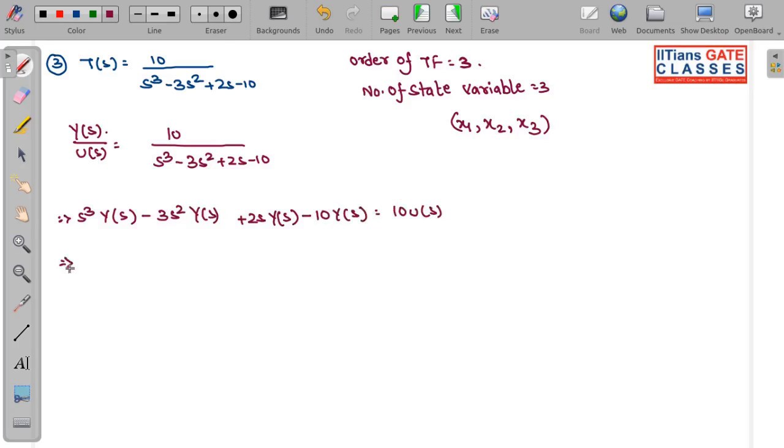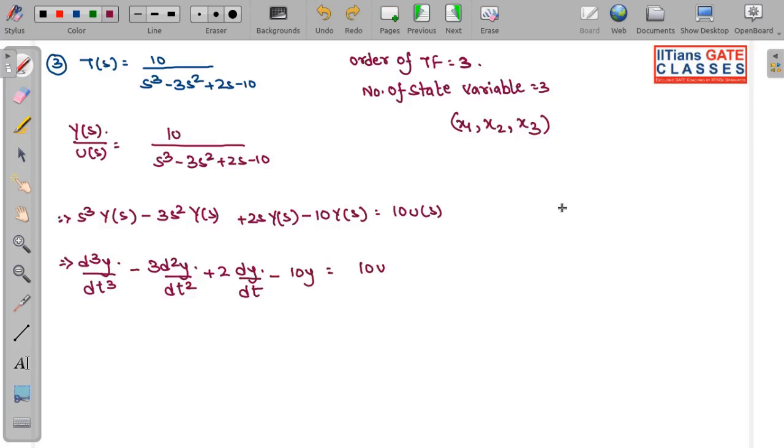So this is d cube y by dt cube minus 3 d square y by dt square plus 2 dy by dt minus 10y is equal to 10 u(t), or you can simply write u also.